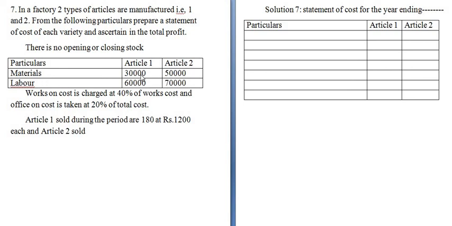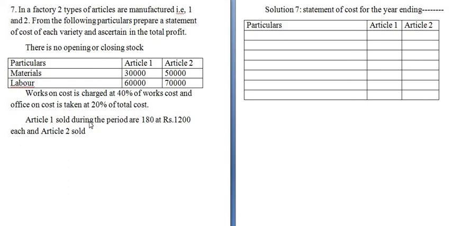Materials 30,000 for article 1, 50,000 for article 2. Then labor 60,000 for article 1 and 70,000 for article 2. Works on cost is charged at 40% of works cost and office on cost is taken at 20% of total cost.